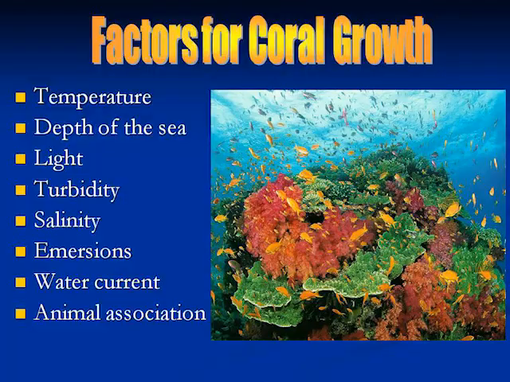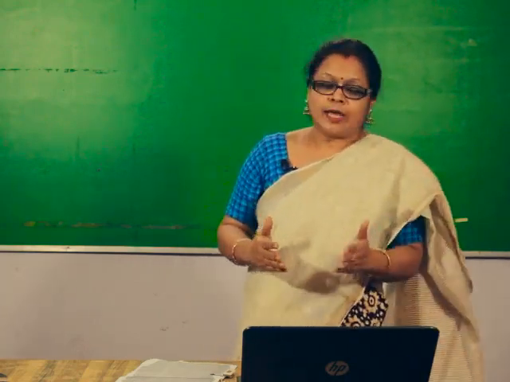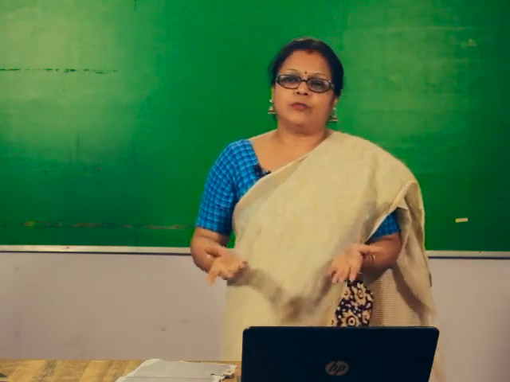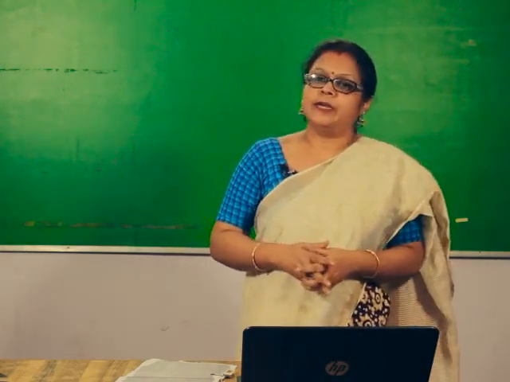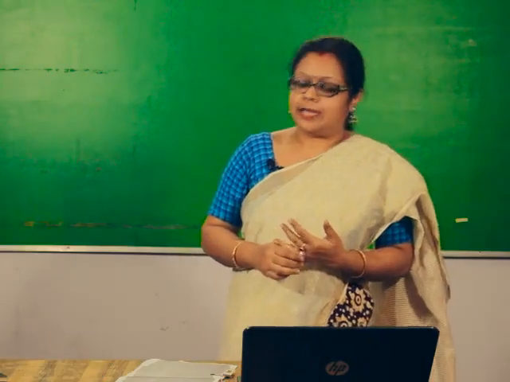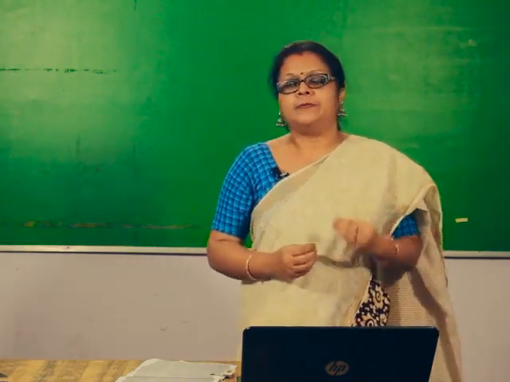Now coming to the turbidity, obviously turbid water doesn't facilitate all this growth, and the light permeability will not be good, so the coral growth will be diminished. Salinity plays an important role, and there is an optimum salinity that will help the growth of these animals.